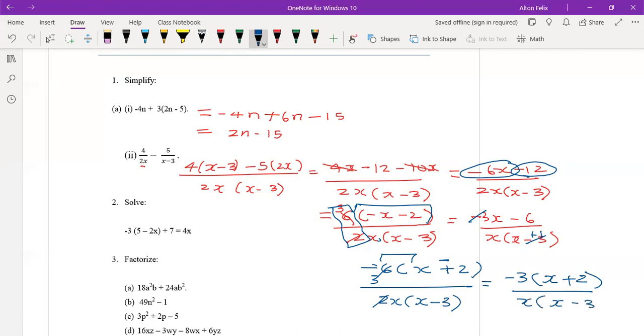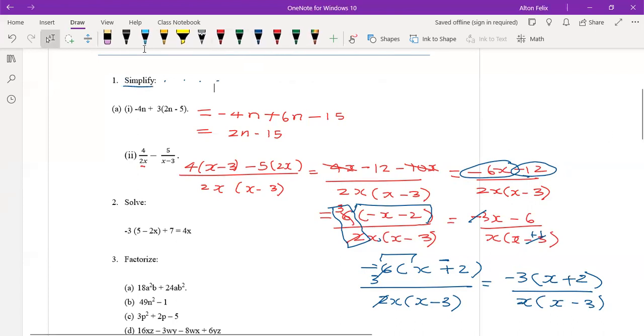So different ways you could write your answer, right? Now, the reason why I decided to show you how you can factorize and further simplify, sometimes the question may ask you to simplify to the lowest terms, right? And that's how you continue simplifying all the way down.